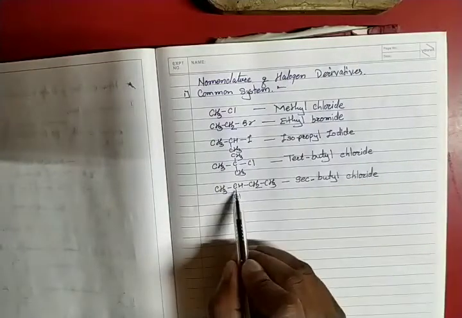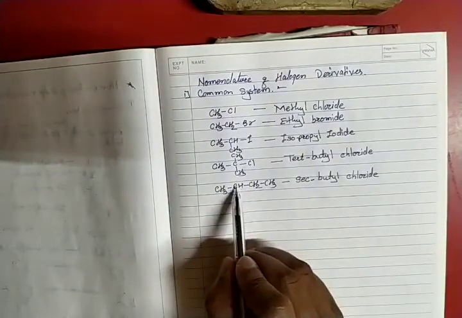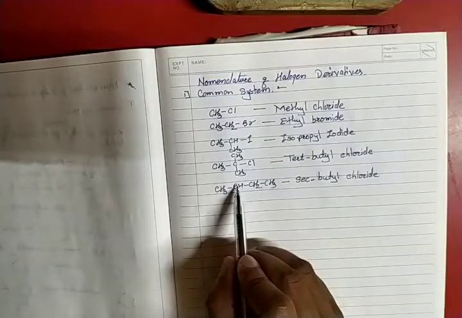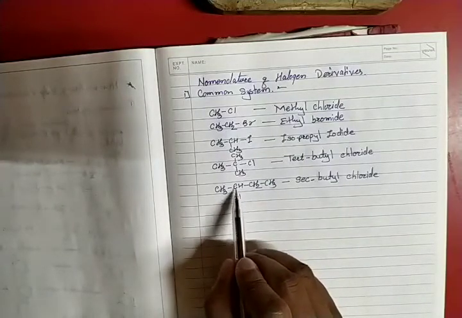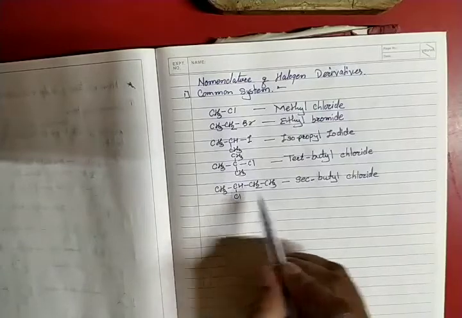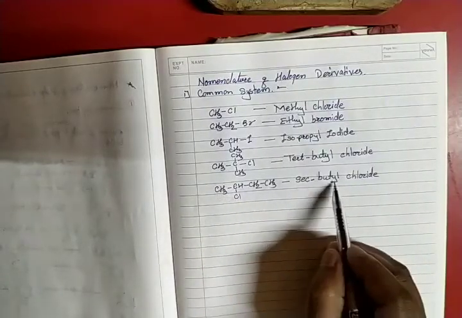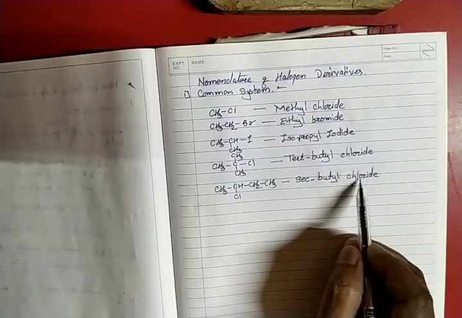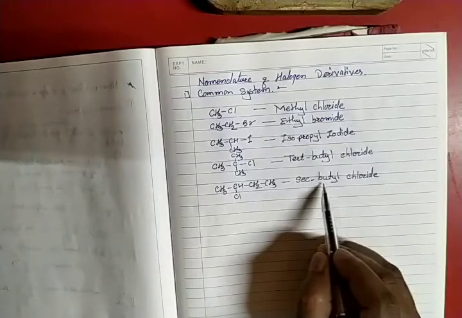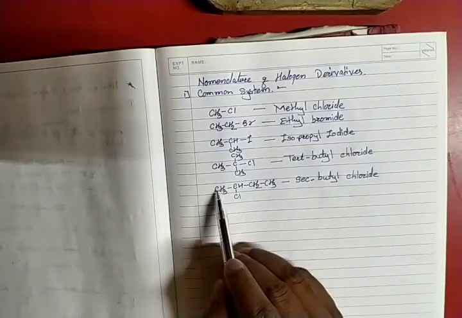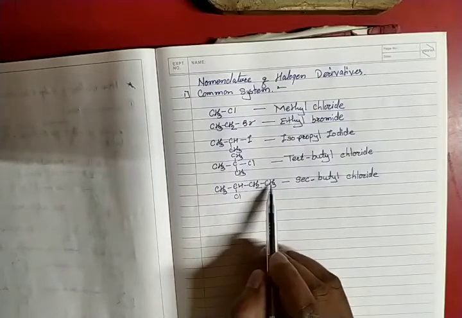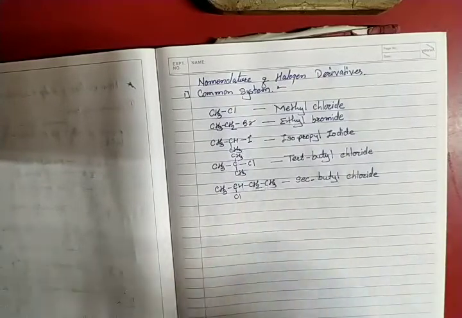It is called a secondary group because this is a secondary carbon atom, and to the secondary carbon the halogen is attached, so it is called secondary butyl chloride. Why is it called butyl? There are 4 carbon atoms: 1, 2, 3 and 4.